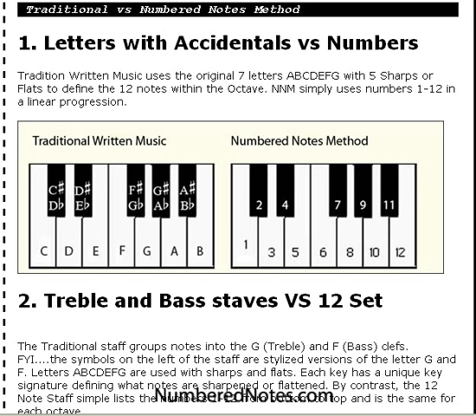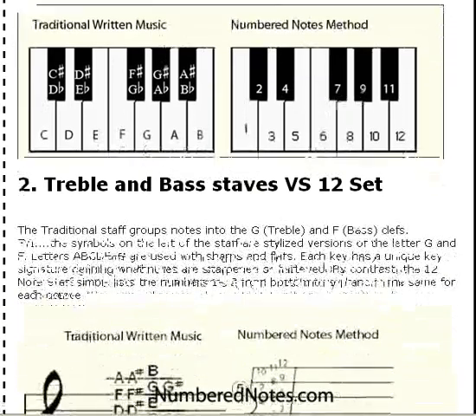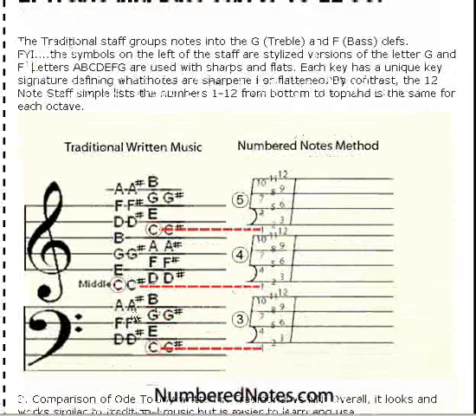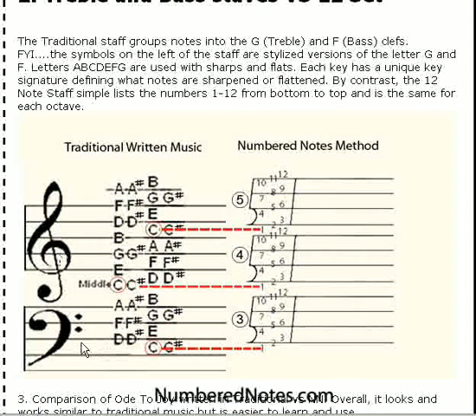The other thing that is a major improvement in functionality is changing the way that the staff is used. In traditional music theory, the bass clef and the treble clef are assigned notes differently. So you literally have to memorize where the notes go in this staff versus this staff.